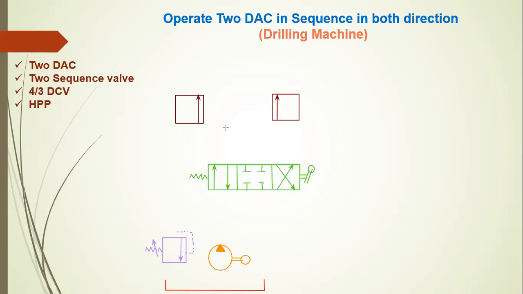For a sequence valve, always draw the arrow direction on a side of the square block.